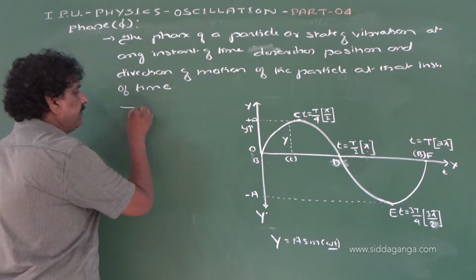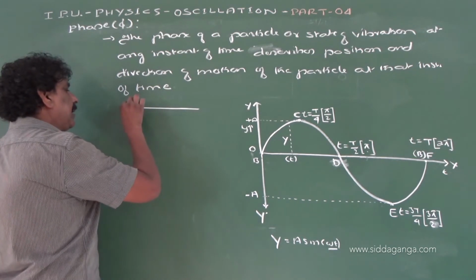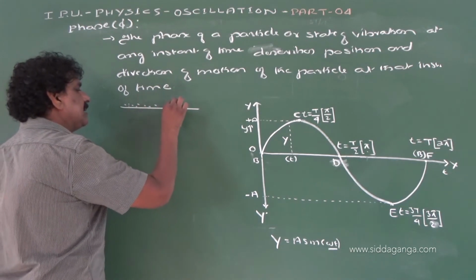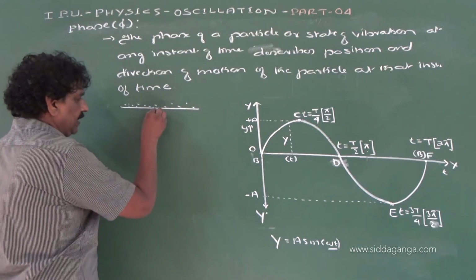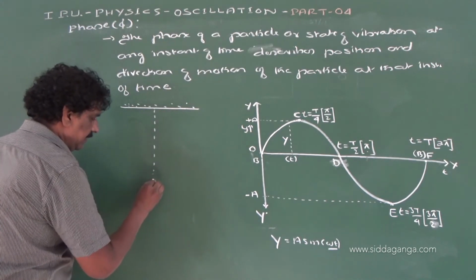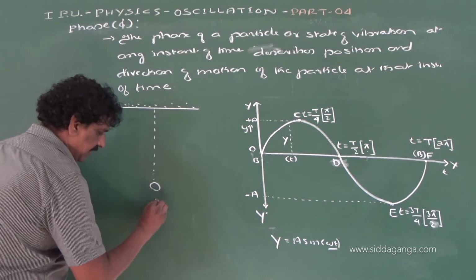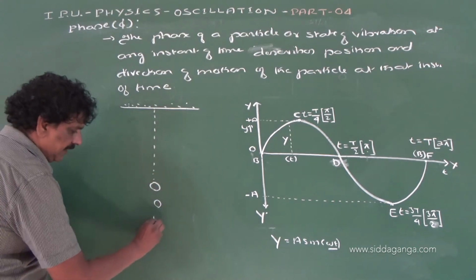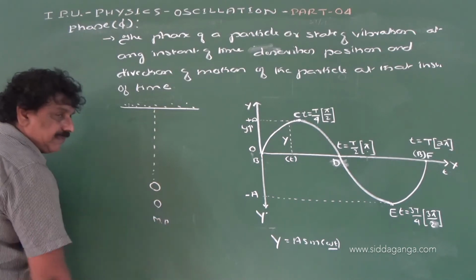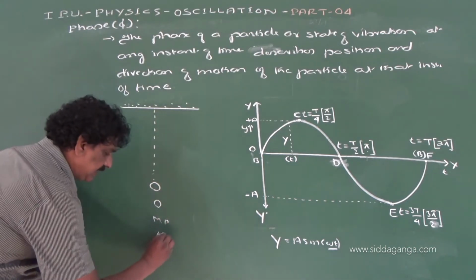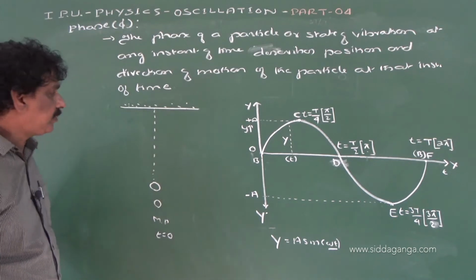For example, take a particle executing simple harmonic motion, a simple pendulum. This is the position O, the mean position, when time t is equal to 0.